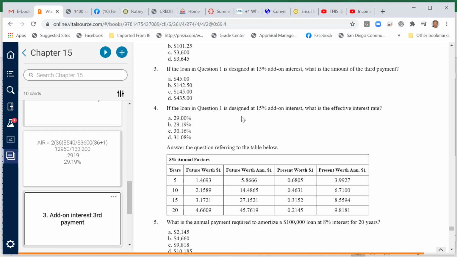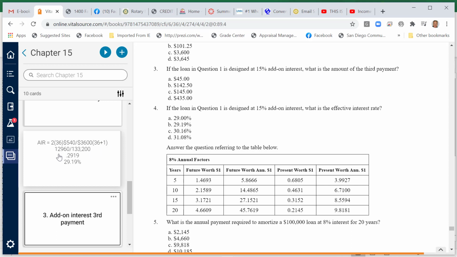Now for this question, the only way to solve it is actually go back into your book and look for the add-on interest rate formula, which is 2 times the term times the annual interest divided by the loan amount times your term, 36 plus 1.